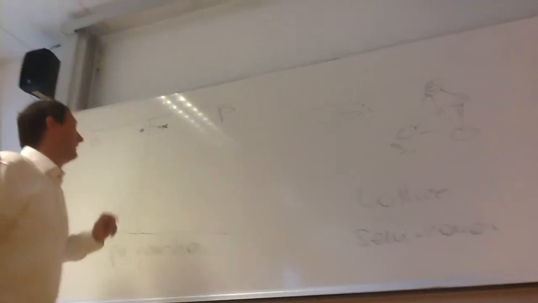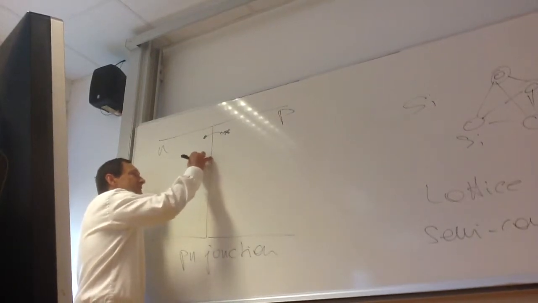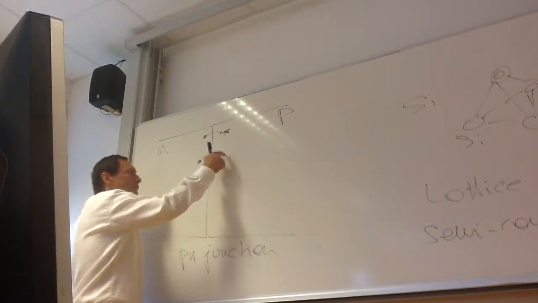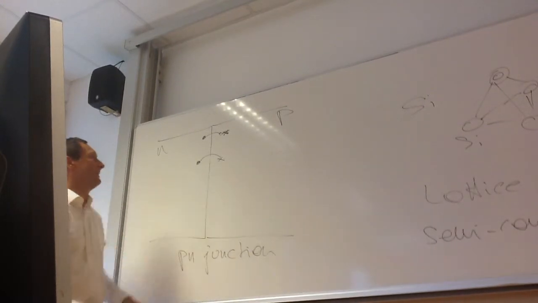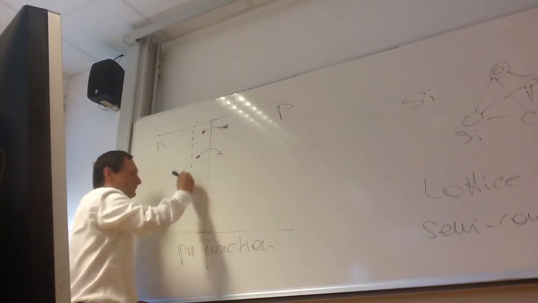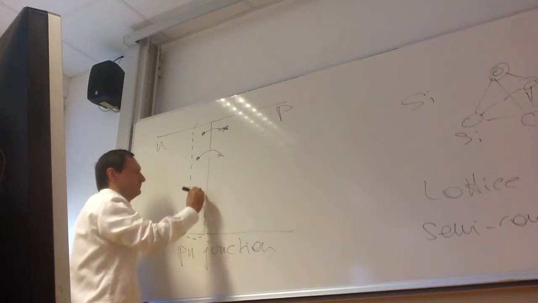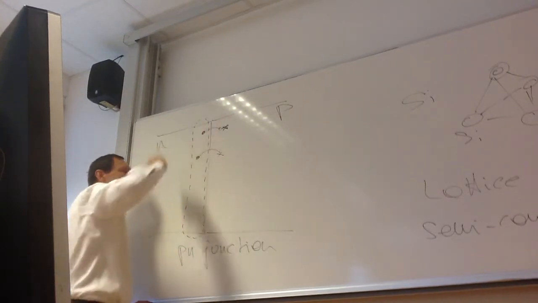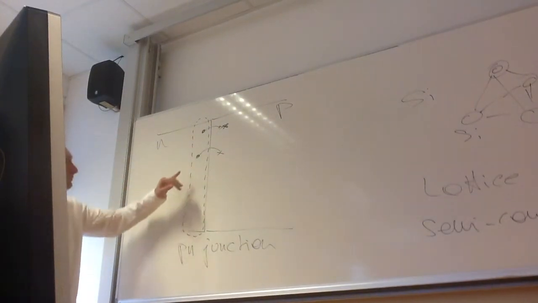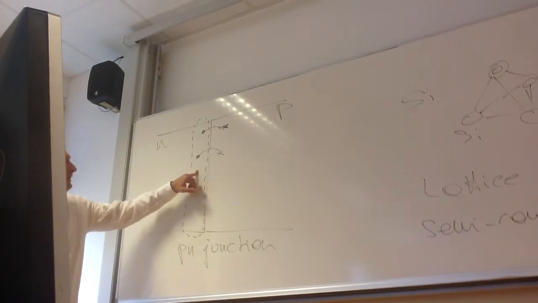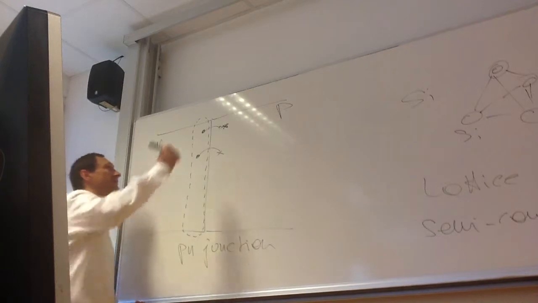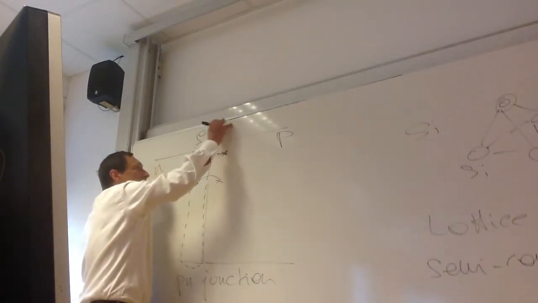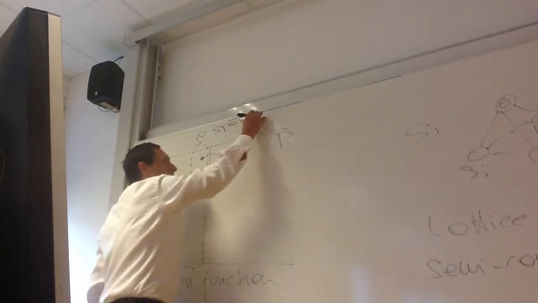But now, if the electrons from this side move to the holes of the P side, then here we have an area of missing electrons. And this area exhibits a space charge, rho, space charge.